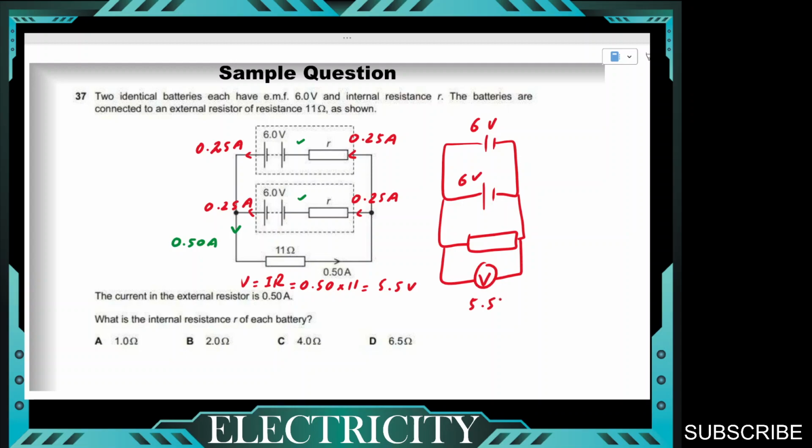So you see, two batteries have rated EMF of 6 volts, but the resistor that is connected across those batteries in parallel is not getting 6 volts, it's getting 5.5 volts.